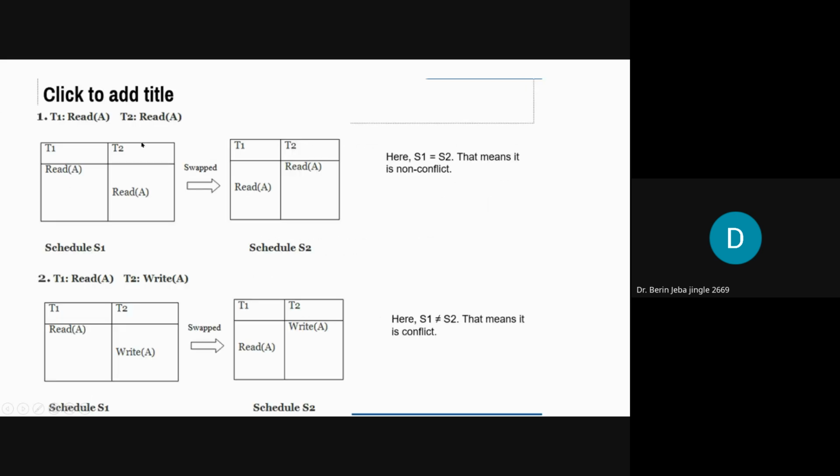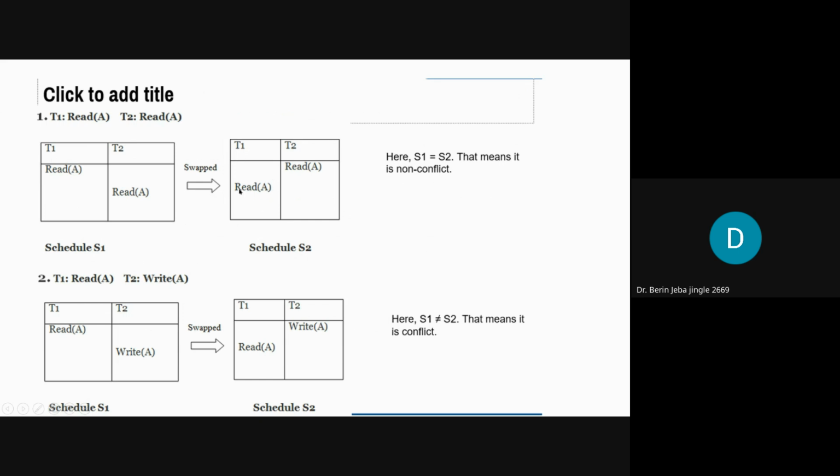When we see the first example, there are two schedules, S1 and S2. S1 has two transactions, T1 and T2. In T1, the read operation is performed first, read A. Then after completing this operation, transaction 2 does the read A. After swapping, there is no change.